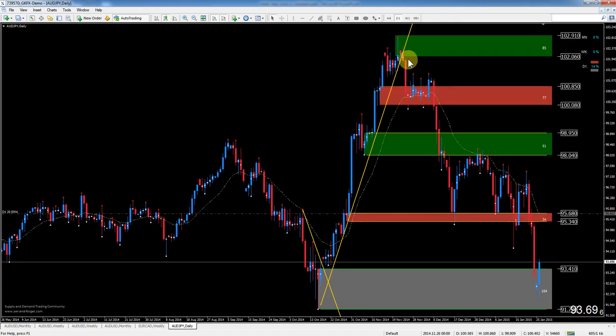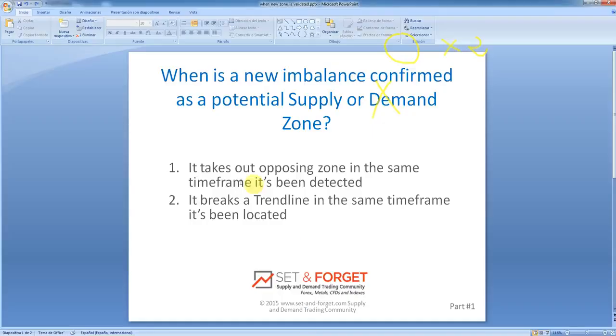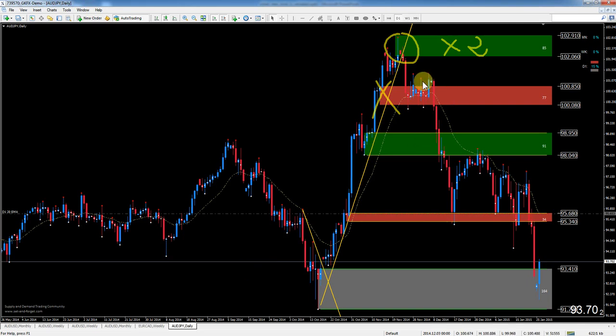So this area of supply here took out this area of demand, but also broke the trend line. This is valid for two reasons, okay, first one and second one. So this area of demand was taken out by which area?